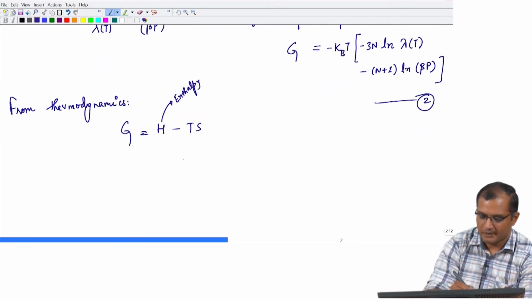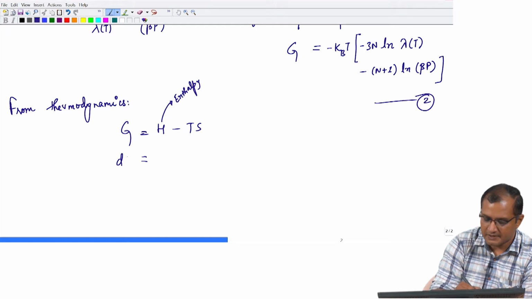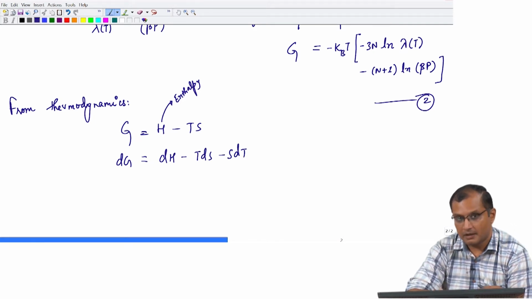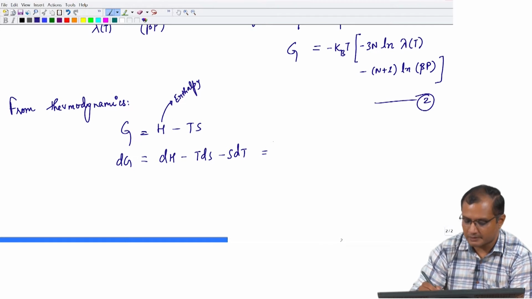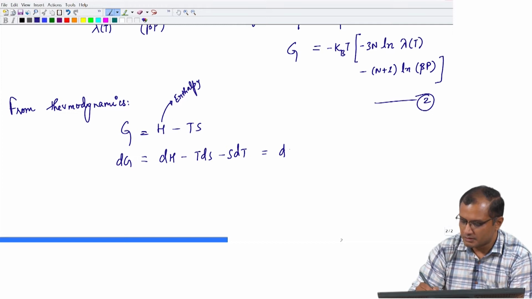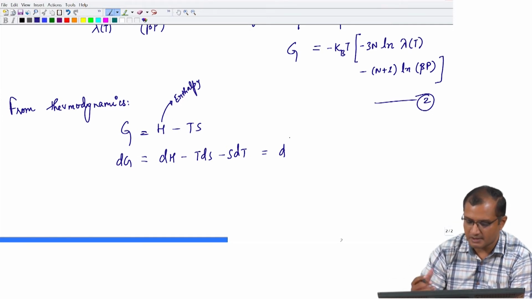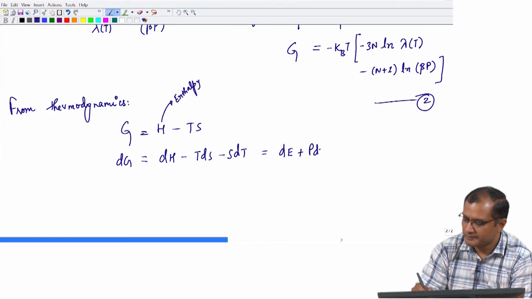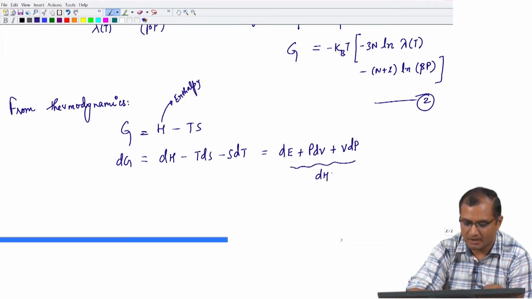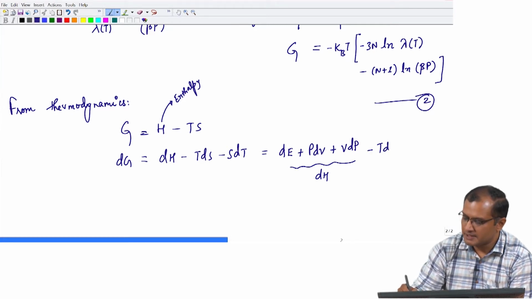So, you can write down the differential form of this as dH minus TdS minus S dT, and if I write down H as E plus PV, this is dE plus PdV plus VdP. This is nothing but my dH, okay, minus TdS minus S dT.